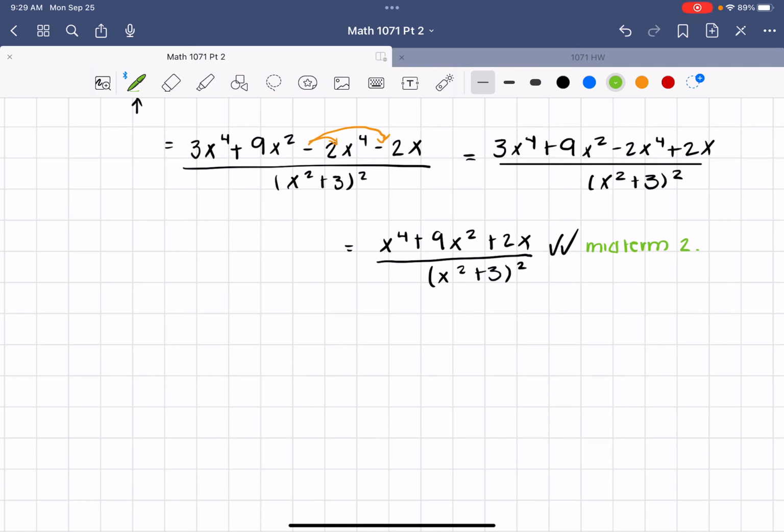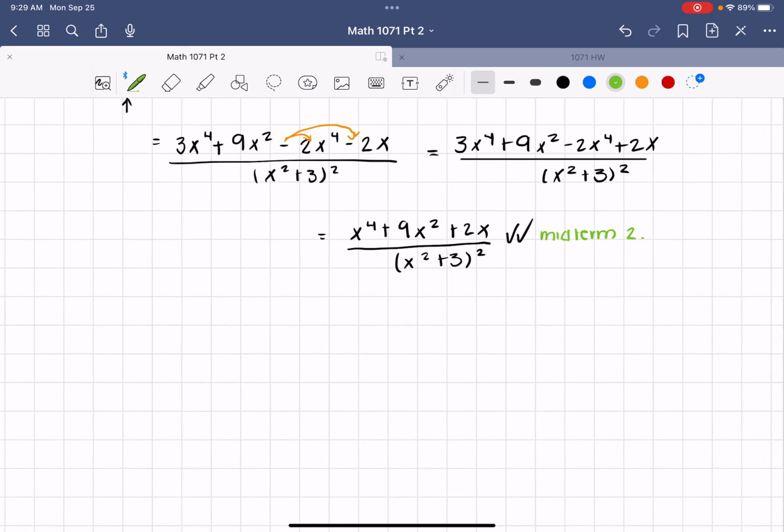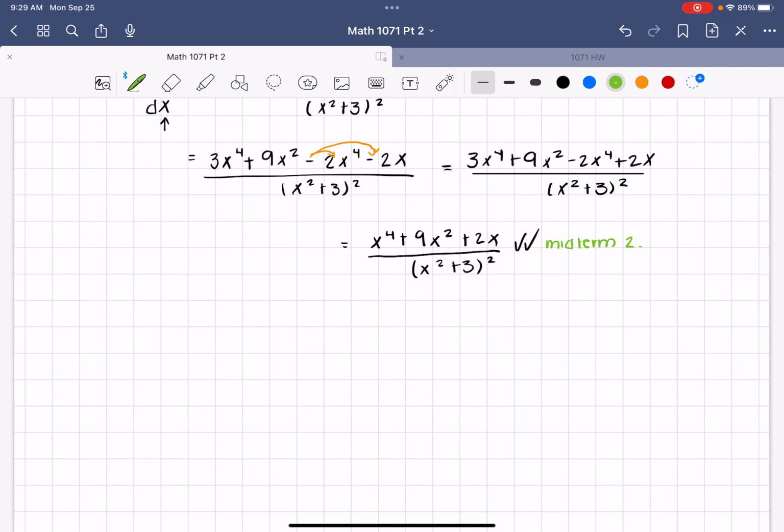But say if you had u's, let me copy it right this time. U cubed minus 1 over u squared plus 3. And then you start using your quotient rule.